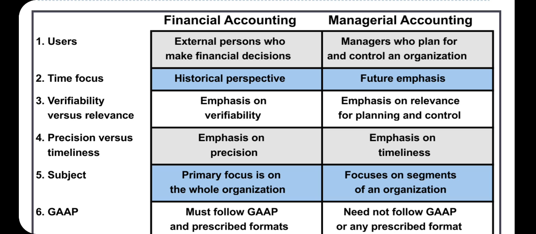You have to look at the source document. When there is a receipt or voucher or credit note or debit note, that shows that a business transaction had happened. So for financial accounting, the emphasis is on verifiability.